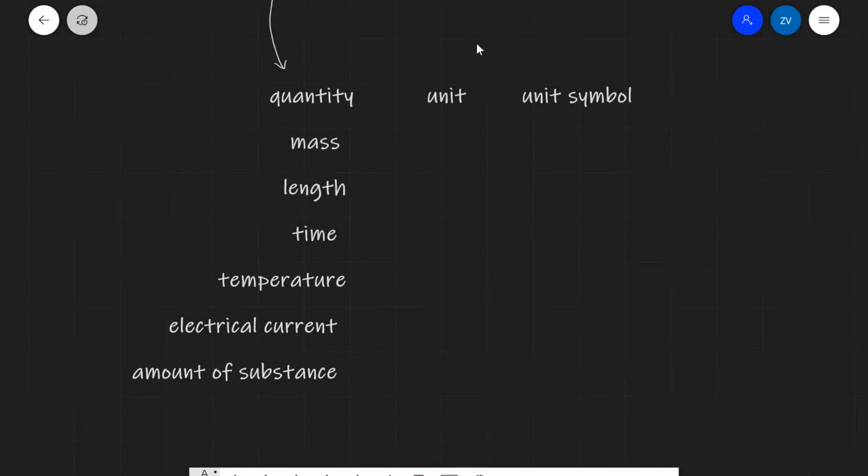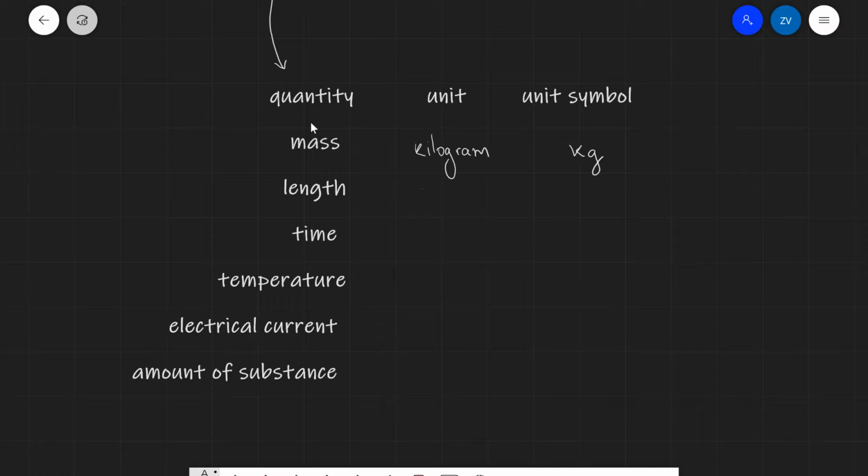Now I have this little table over here of some quantities. For instance, we have mass. The unit for the mass is known as the kilogram, with the unit symbol being kg.